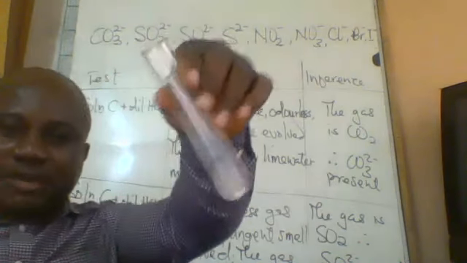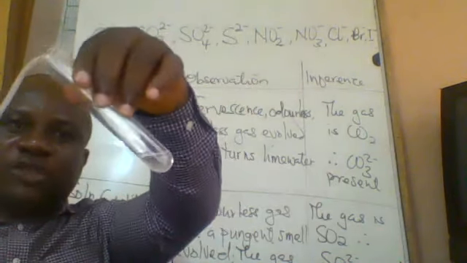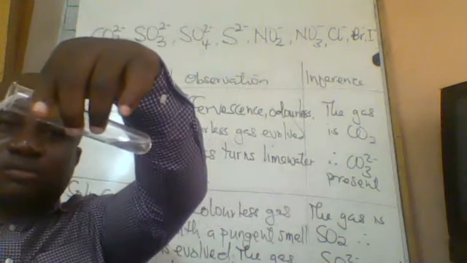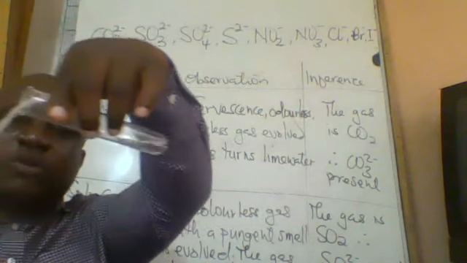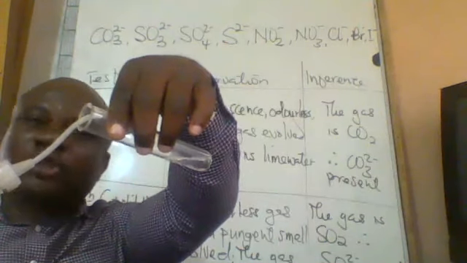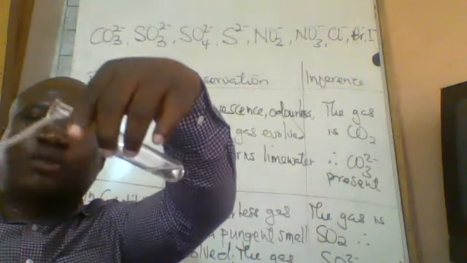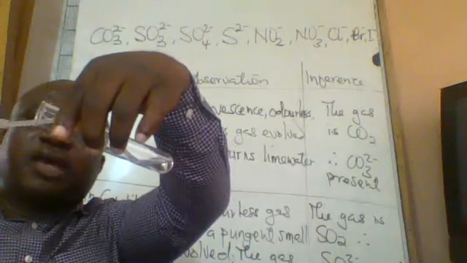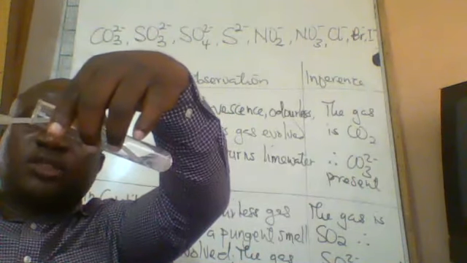If this is KMnO4 solution, you put the delivery tube in the KMnO4 solution. That's what we mean by bubbling the gas through the KMnO4 solution. So the delivery tube is dipped into the acidified KMnO4 solution. So you see something like this.